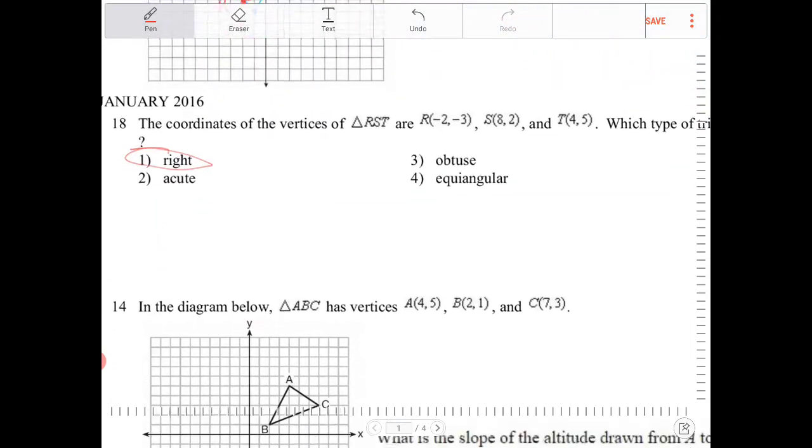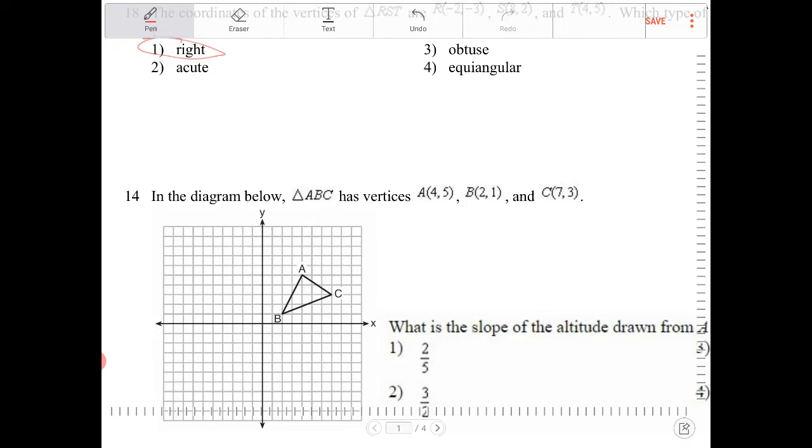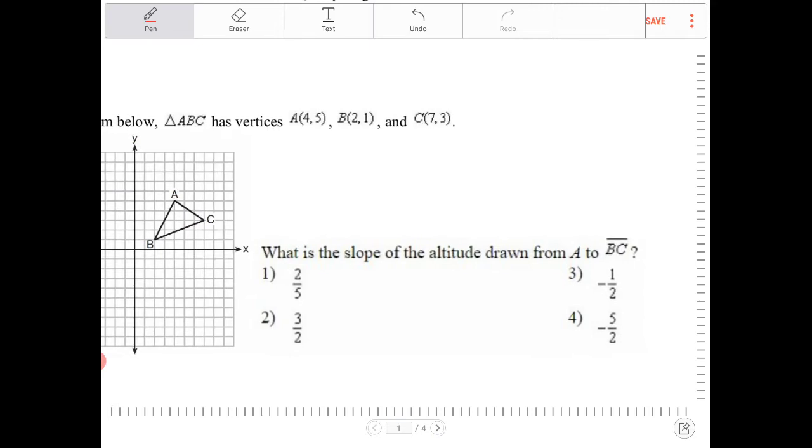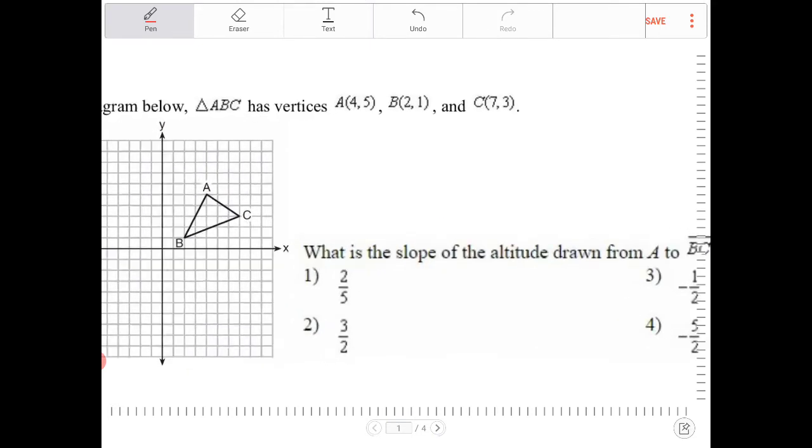All right. The diagram below, triangle ABC, has vertices (4, 5), (2, 1), and (7, 3). What is the slope of the altitude drawn from A to BC?